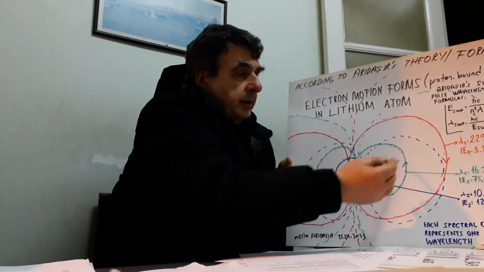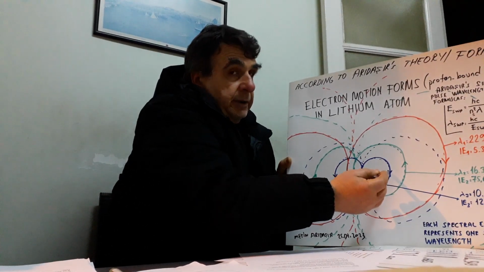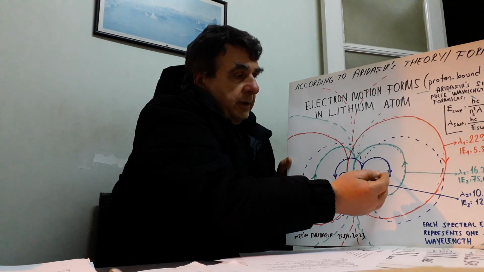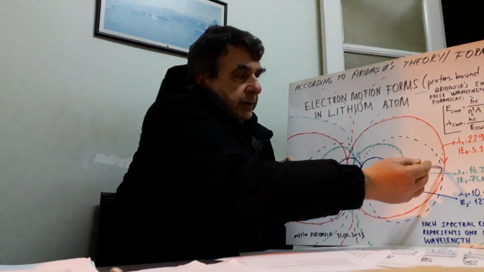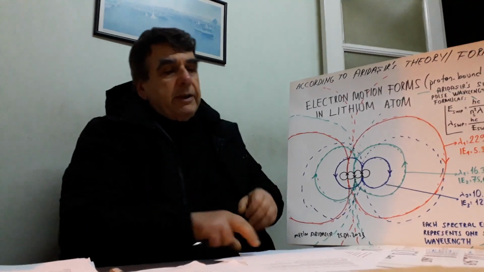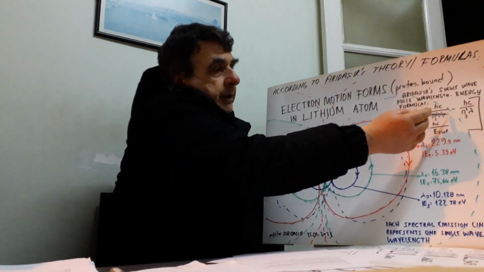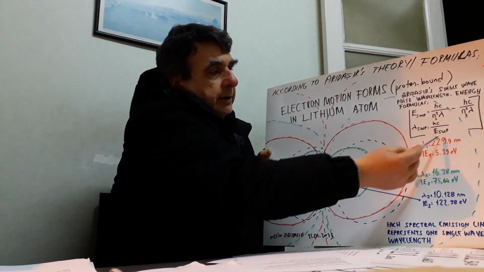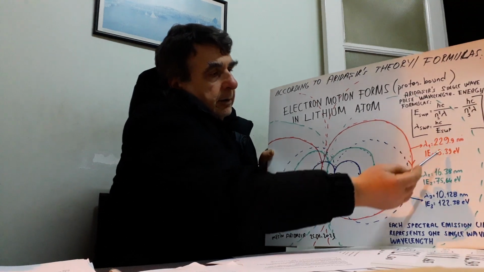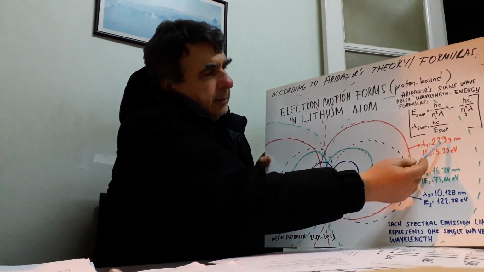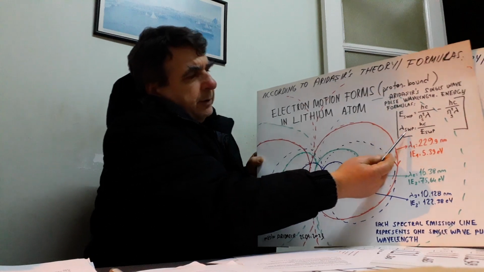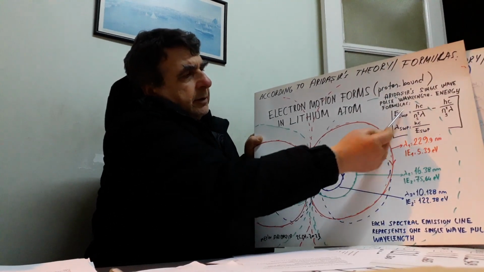Then from this point's energy minus this point's energy is the single wave pulse energy, like this, okay? And the corresponding wavelength formula is that.